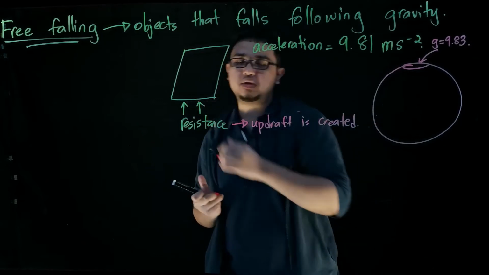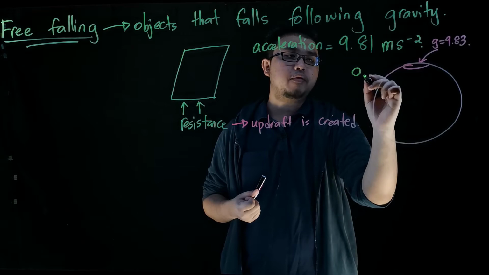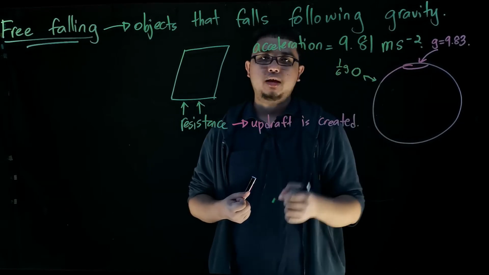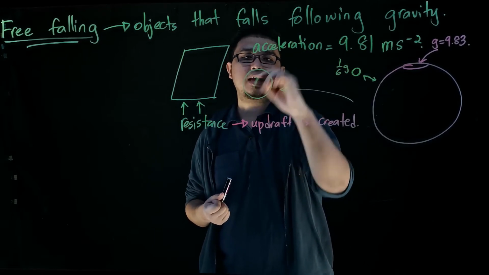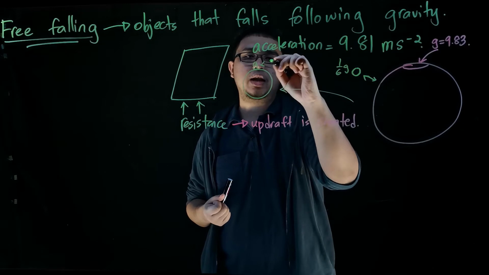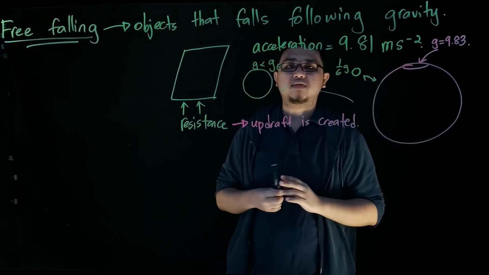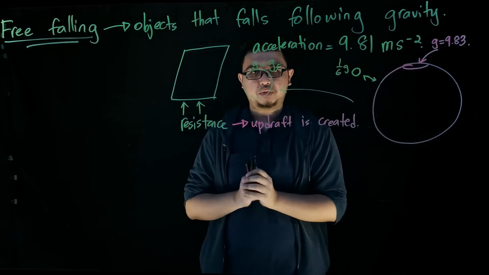When we go to outer space, for example the moon, the gravity of the moon is 1/6 of the Earth's. And Mars has a gravity much smaller than the Earth's. We're going to talk about gravitational acceleration and how gravity affects objects when we go to chapter 3.